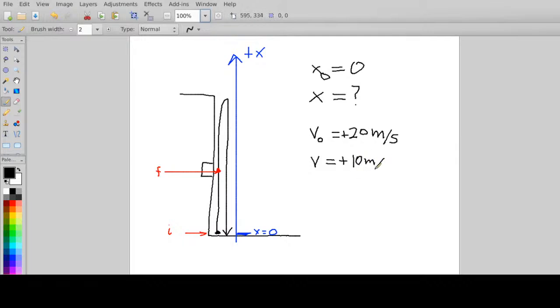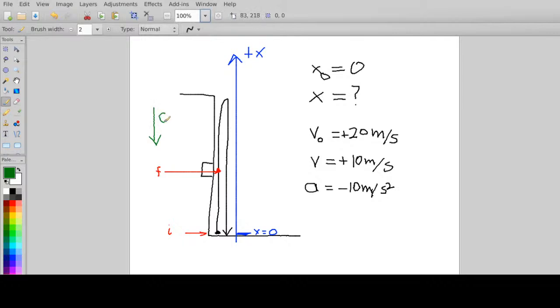So you've got here initial and final position. We have here initial and final velocity. And then the only two other quantities are the acceleration, and that's going to be negative 10 meters per second squared. The acceleration is which way? It is down, right?